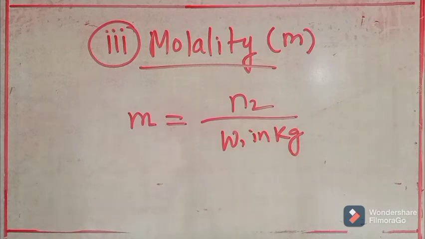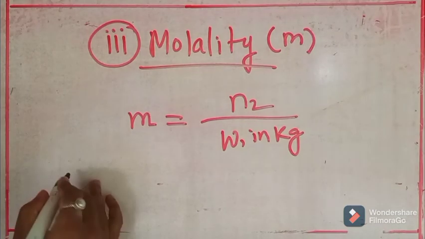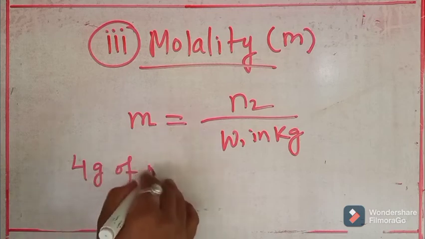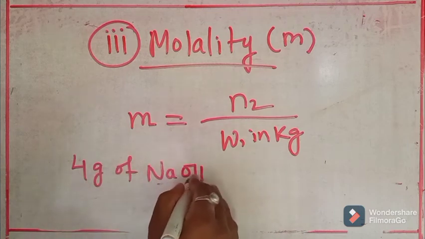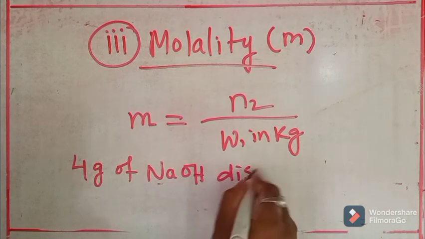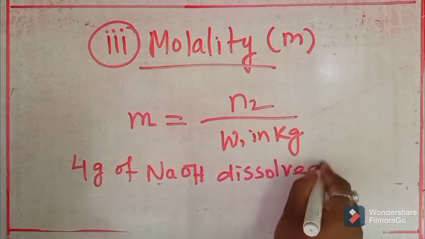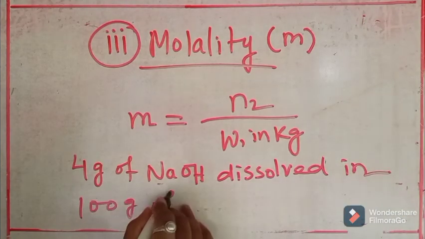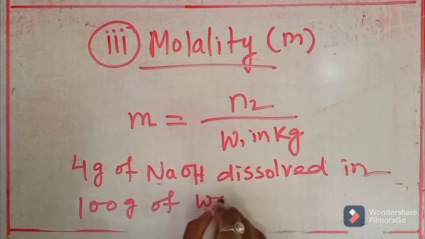Now we will explain this with the help of a problem. Consider 4 gram of NaOH dissolved in 100 gram of water.